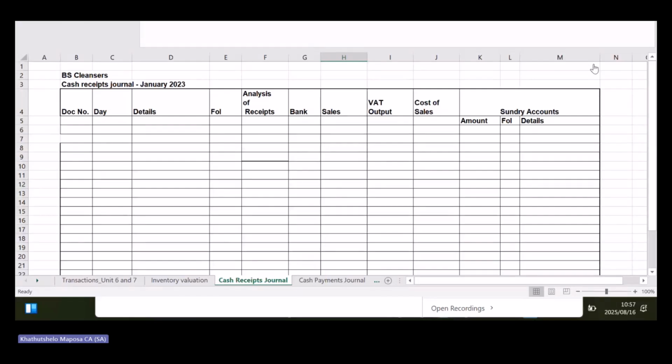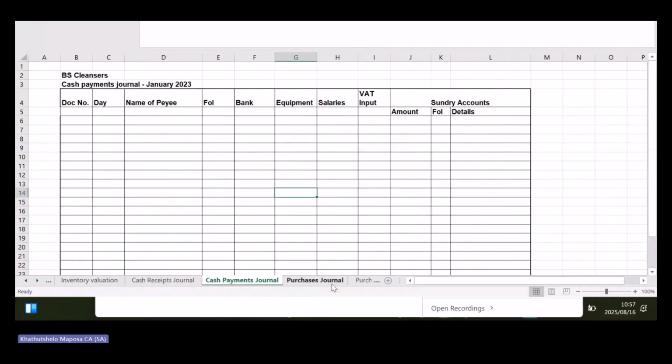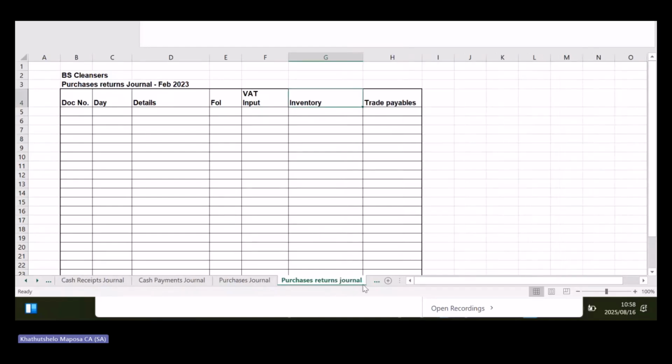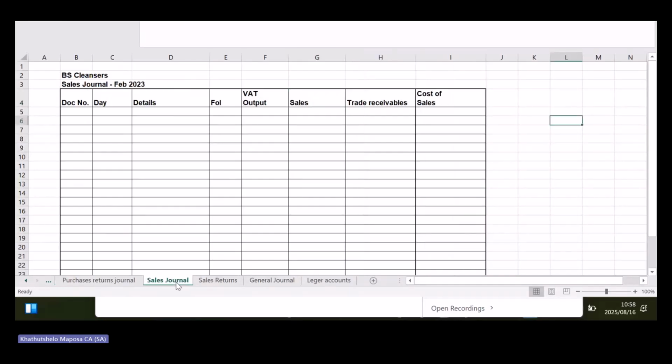However, I should alert you that the purchase returns, the sales journal, looks slightly different on the perpetual inventory system and the periodic inventory system, and the main difference is the cost of sales column.